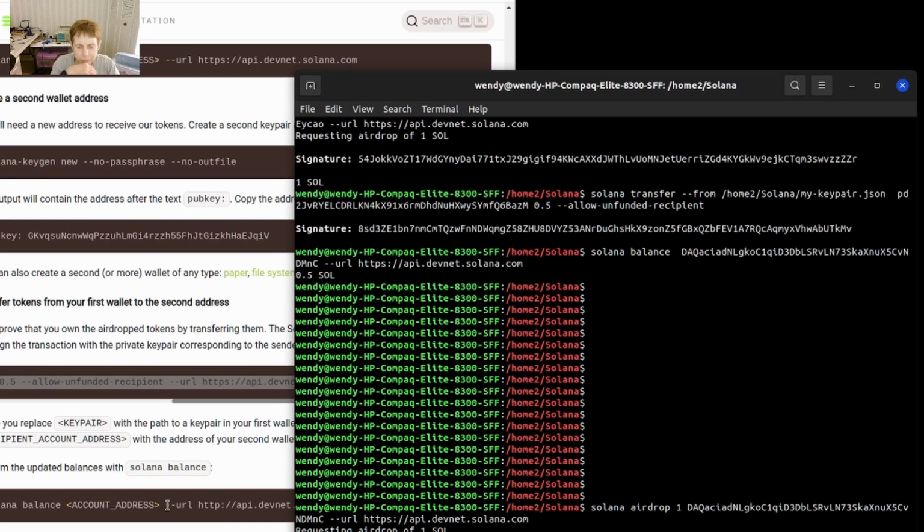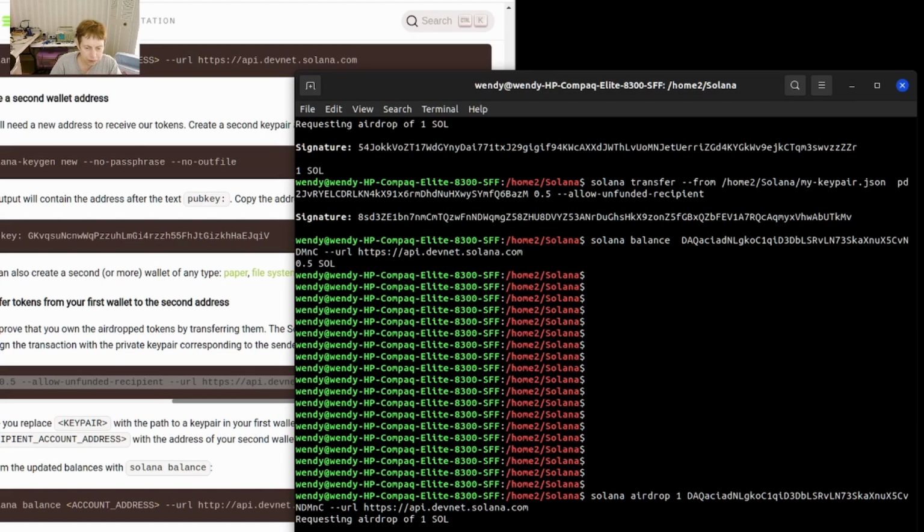All right. Now we're going to do it properly because I did not get the whole command. Okay, so let's look at the command. We're transferring from, and this is the key pair representing my account, to this other account. This is a public key. This is the amount. This says it allows unfunded recipient.